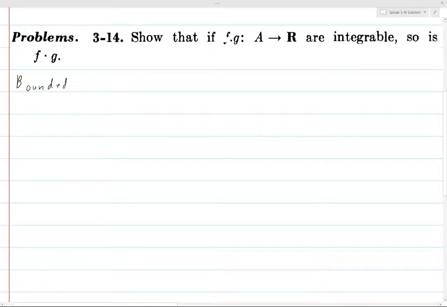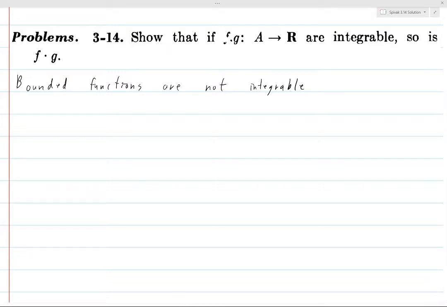I looked in the textbook. I'm not sure if this has been brought up explicitly, so I want to emphasize it. Maybe it's just straightforward enough to not have been mentioned, but at this point, our definition of integrable does not include unbounded functions.